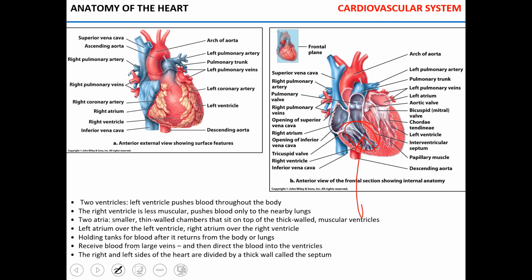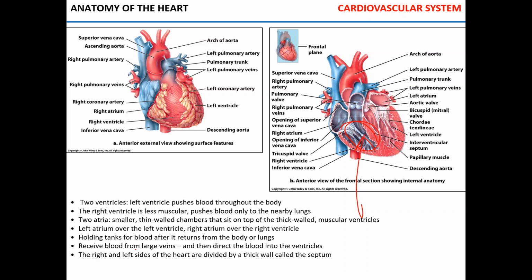Blood goes through the tricuspid or atrioventricular valve, and when the right ventricle contracts, it pushes the blood towards the lungs into the so-called pulmonary circuit.